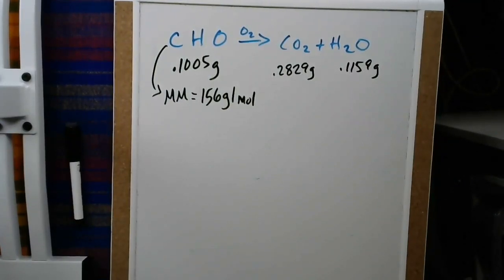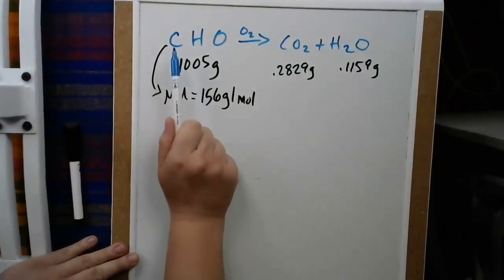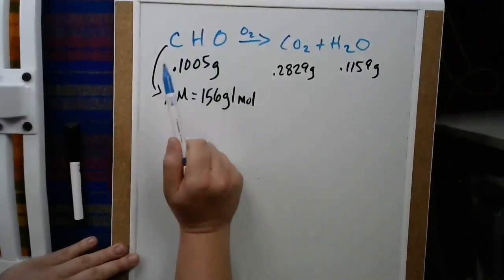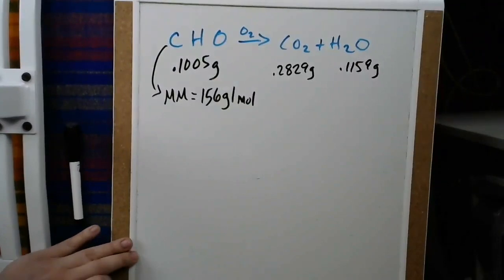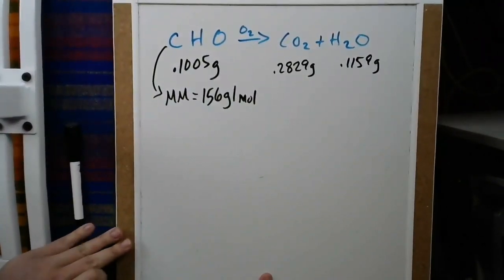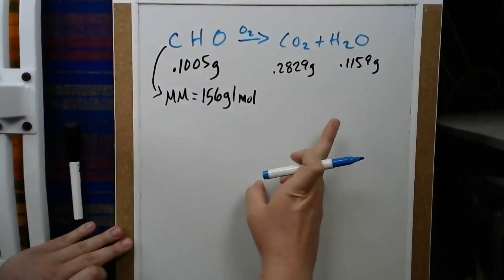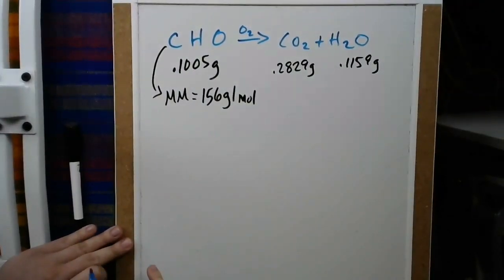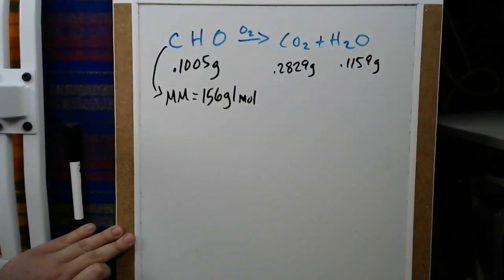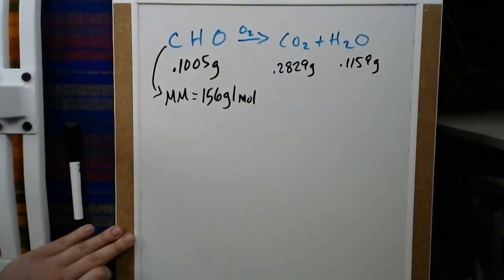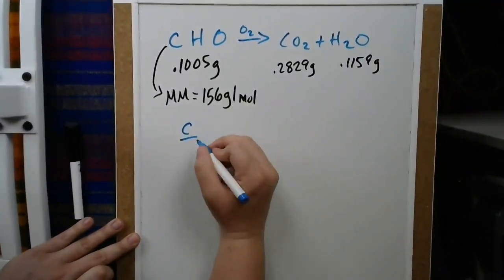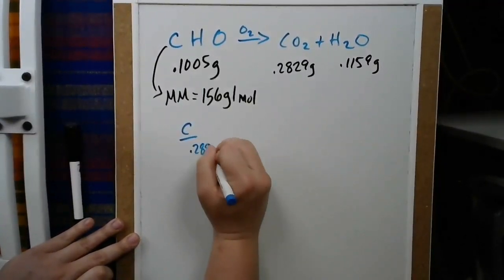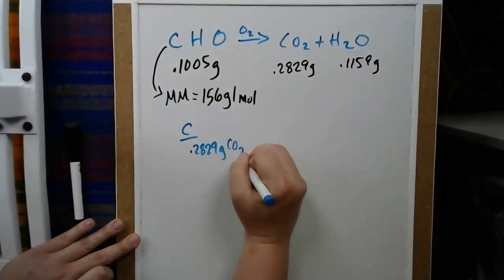So to figure out what the empirical formula is, I have to know the amount of carbon, hydrogen, and oxygen that I started with in moles. All right. I'm going to use my carbon dioxide and my H2O value to get me there. But I can only do that directly with the carbon and the hydrogen, not with the oxygen. So I will start with carbon. Okay, I've got 0.2829 grams of CO2.